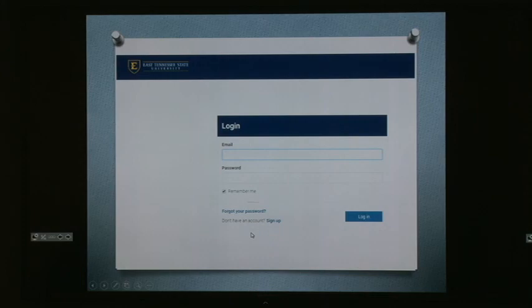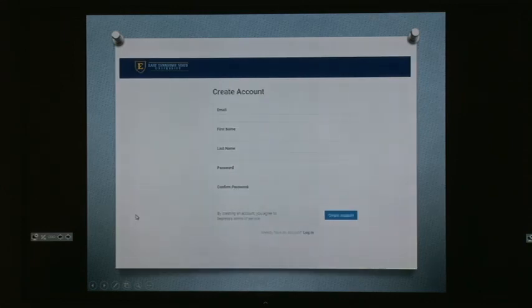So you'll have to sign up first. When you click on Sign Up down here at the bottom, you'll see this. You can use your ETSU username and password to sign up for this program. I actually encourage you to. It's something you use all the time to log in with. You might as well keep it the same so you don't forget it.